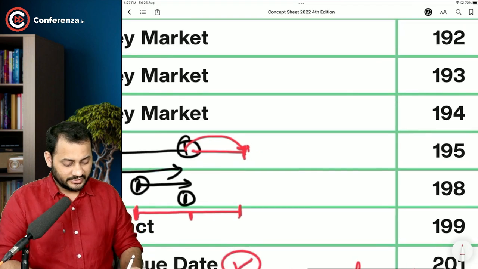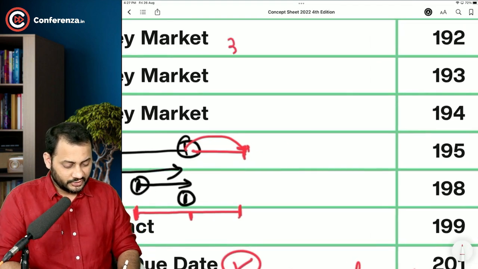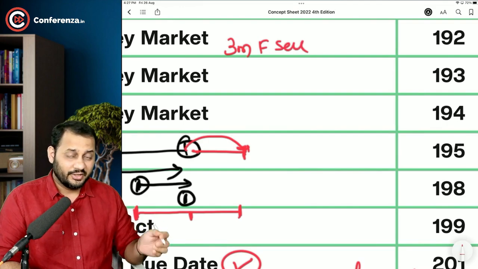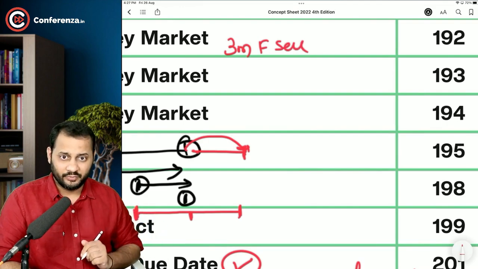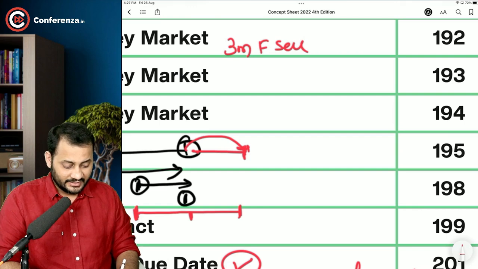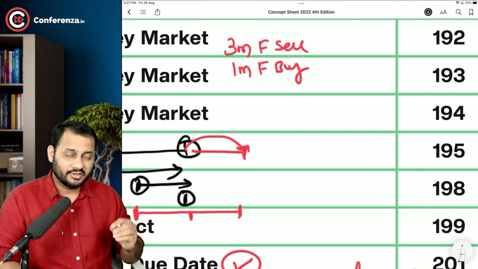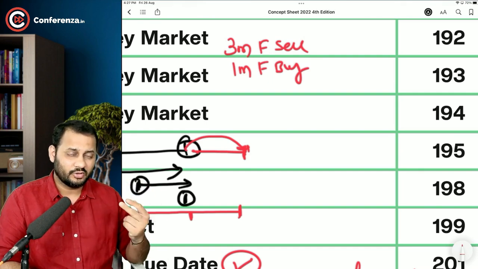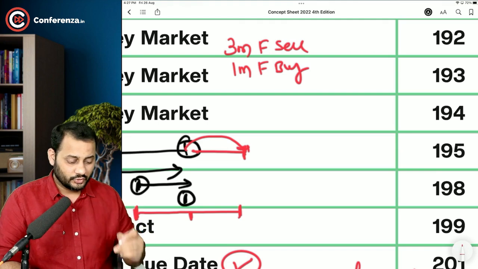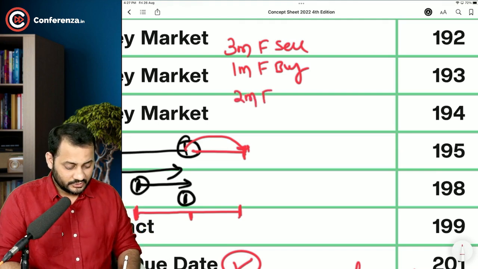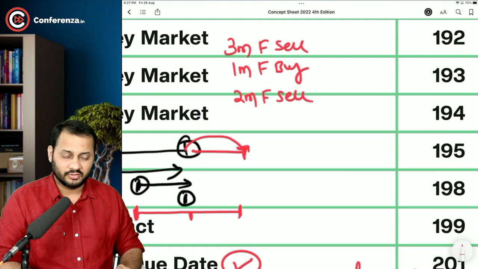So let's say for example, the original contract was a 3 month forward sell, and you are coming to the bank 1 month before due date. First of all, you will cancel it, a 1 month forward buy. You cancelled the original contract, and you want the extension by 2 months or by 1 month only. So you will take a 2 month forward sell contract.